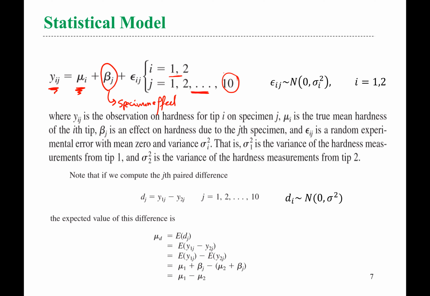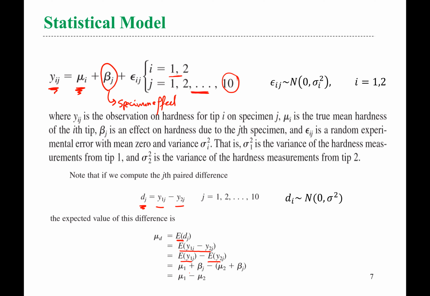And we're gonna work with the dj, the differences, not y1j or y2j. This is the difference between y1j, y2j. We need to have this statistic as unbiased estimator for the difference. So let's calculate the expected value of dj. The expected value of dj equals expected value of y1j minus y2j equals expected value of y1j minus expected value of y2j.